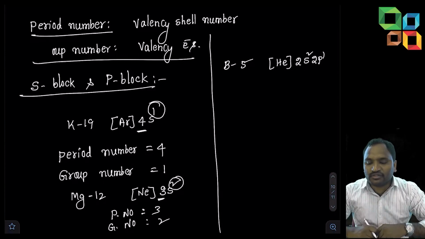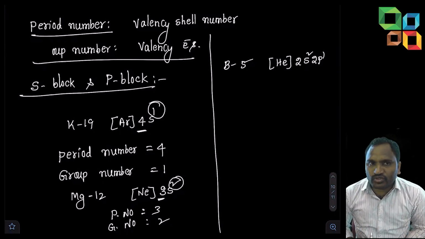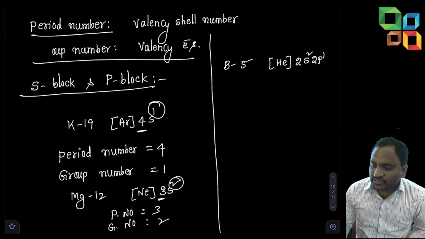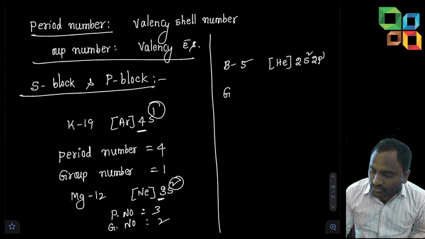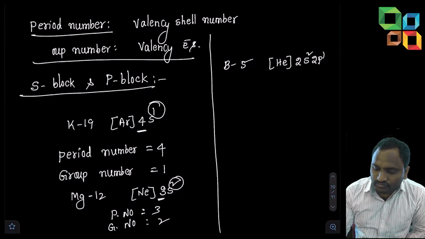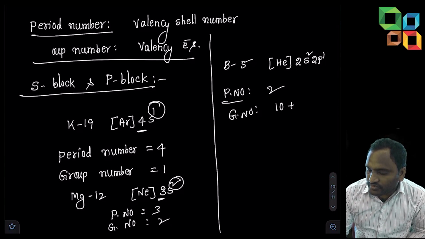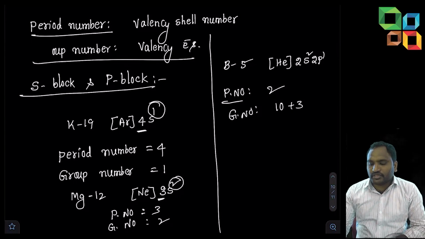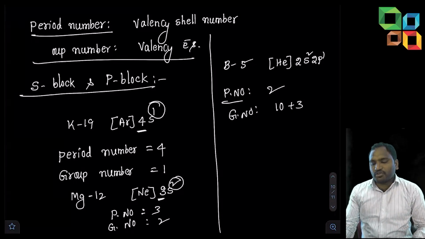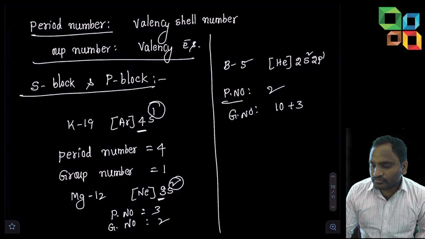So you have to add 10. If the period number is the same, no need to change anything. Period number is 2. Group number we have to add 10 plus 3. In P block elements you have to do that. So 13 group. Understood, right?